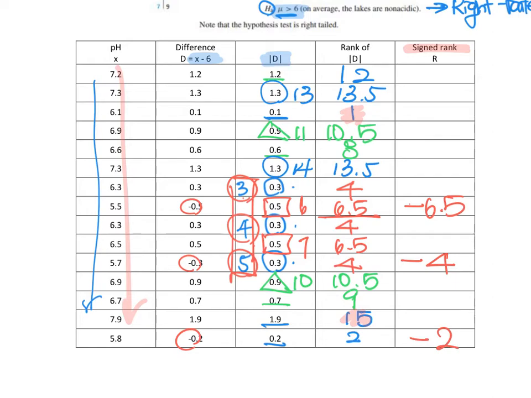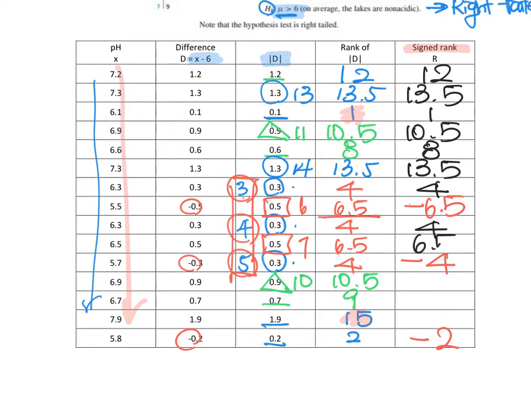So they are the negative signed ranks, and the others are positive: 12, 13.5, 1, 10.5, 8, 13.5, and 4, and 4 again, 6.5, 10.5, and 9, and 15.